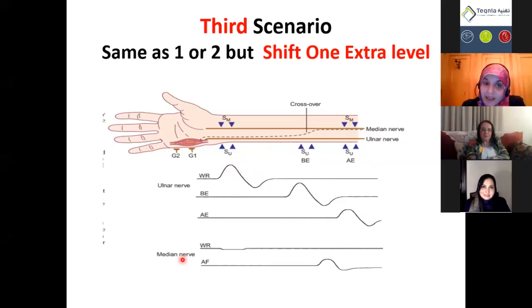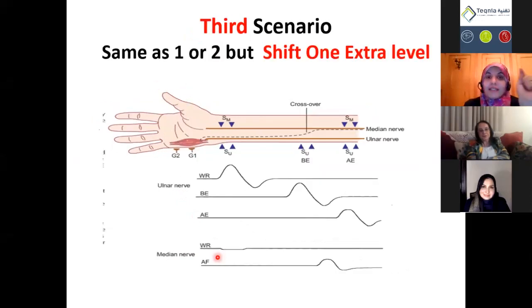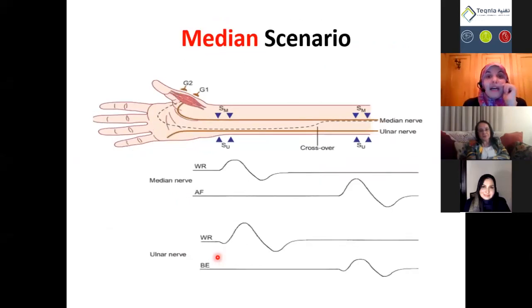Let's imagine here that we have carpal tunnel on top of this. What we are going to do, sorry, let's make the carpal tunnel the last thing. The three scenarios when we do the ulnar conduction routine studies. Let's see what we see in the median scenario.